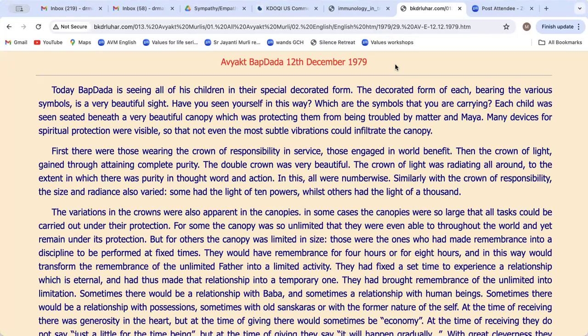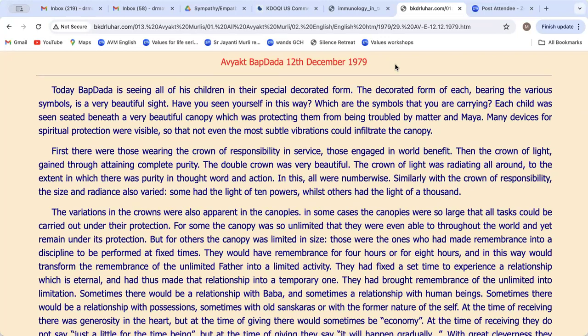If you remember, in the first line of every Avyak Murli, Baba addresses the children in many different ways. He says that I don't see you all as bodies. I see you all as sparkling souls or sparkling stars. And in that, Baba adds a lot of adjectives and specialities. So today's speciality is that he's seeing us as the specially decorated form.